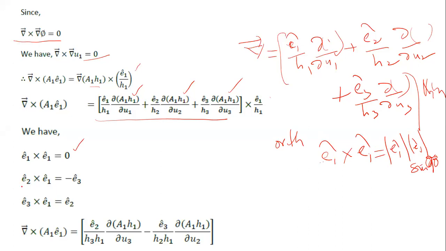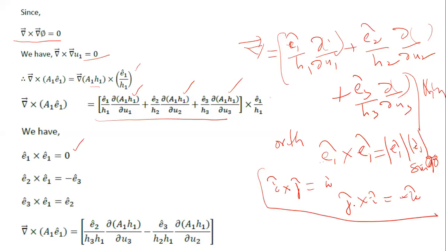But if you take E2 cross E1, it is similar to the Cartesian system: i cross j is k, j cross i is minus k. If you follow the cross products between unit vectors, similar to what you already know in a Cartesian system, j cross i is minus k, i cross j is plus k, like that.